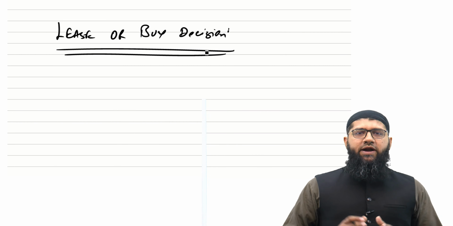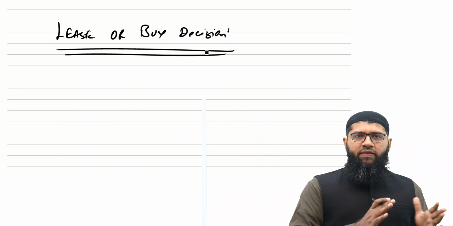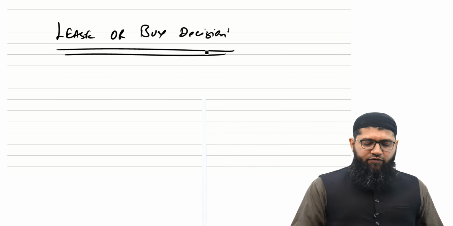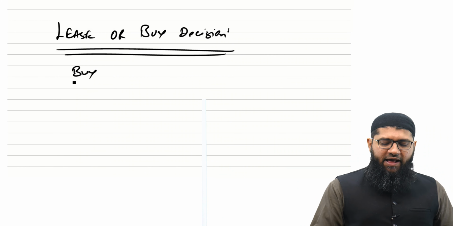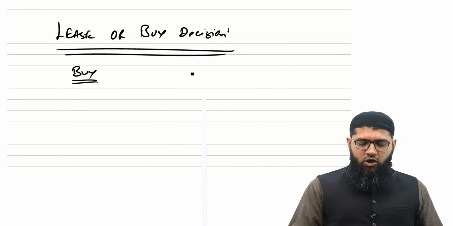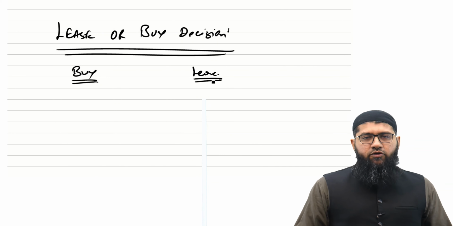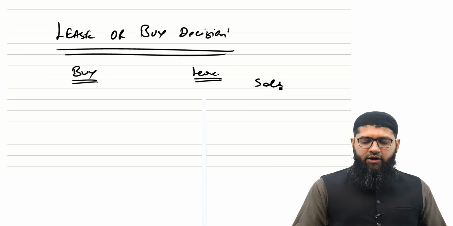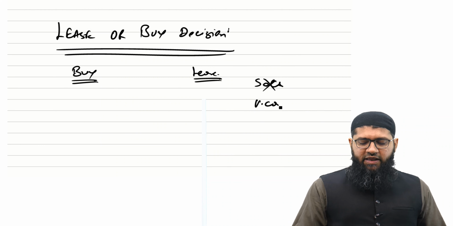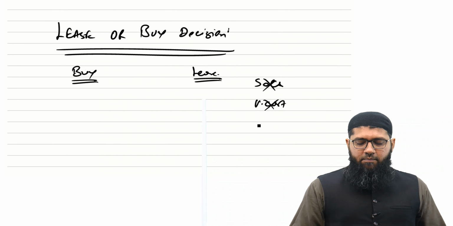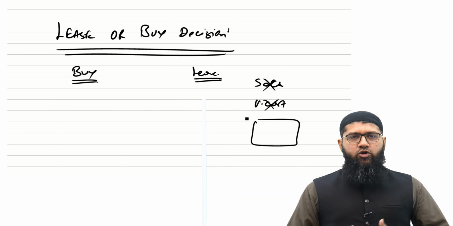Now again, the comparison is going to be made on the basis of relevant cash flow. So when we buy an asset or when we lease an asset, the sales are going to go unaffected, the variable costs are going to go unaffected, but the asset related costs are going to be affected.